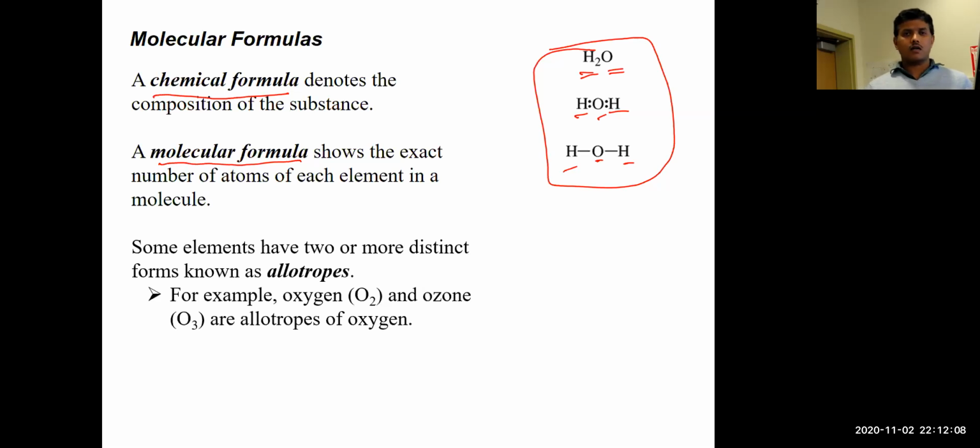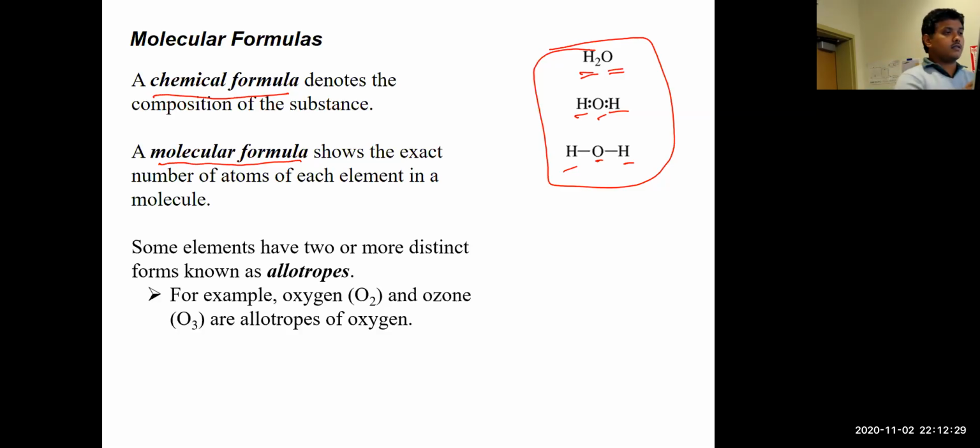Other types of molecular formulas, some of them are grouped as allotropes. Allotropes is a word specifically used when a single element exists in more than one molecular formula. Those are called allotropes.